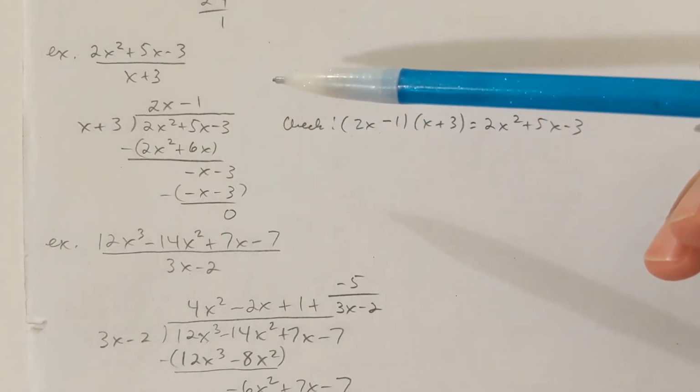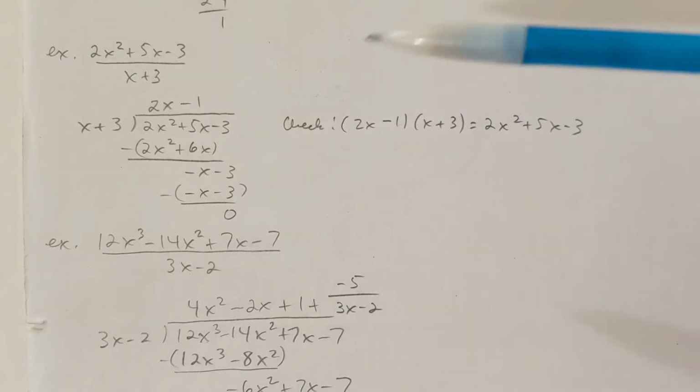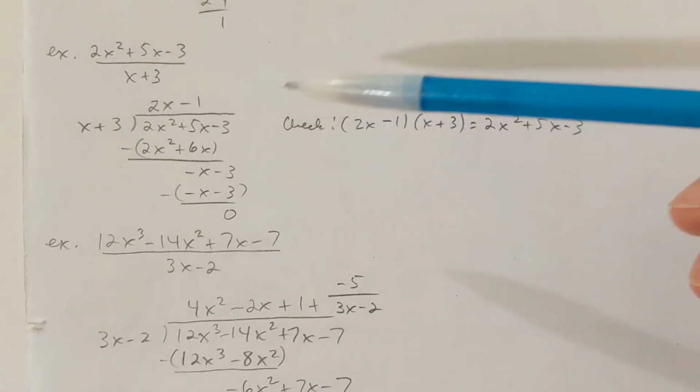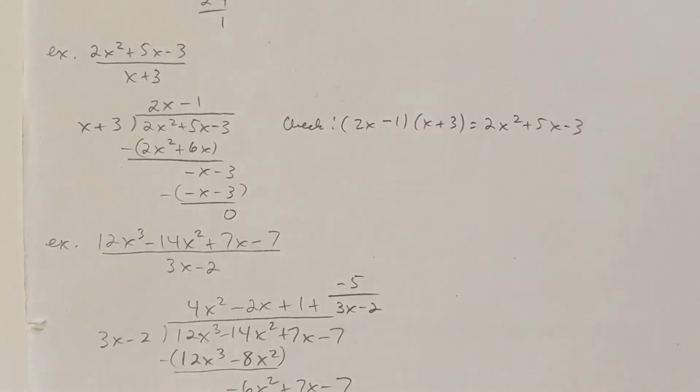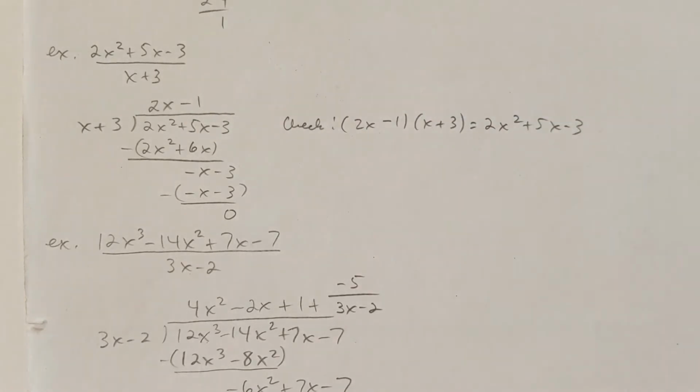So I think that when I divide 2x squared plus 5x minus 3 by x plus 3, I get 2x minus 1. To check that, I can take 2x minus 1 times x plus 3, and hopefully I get what's underneath there.